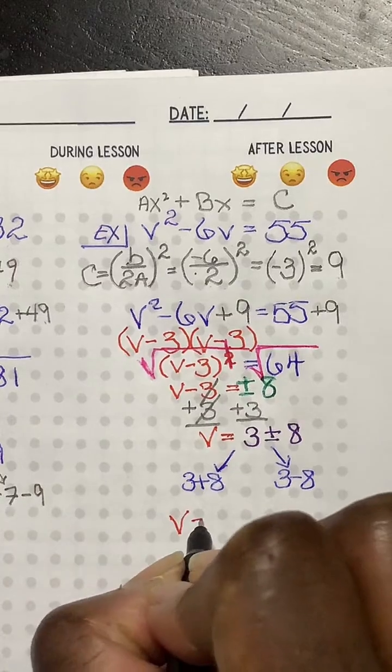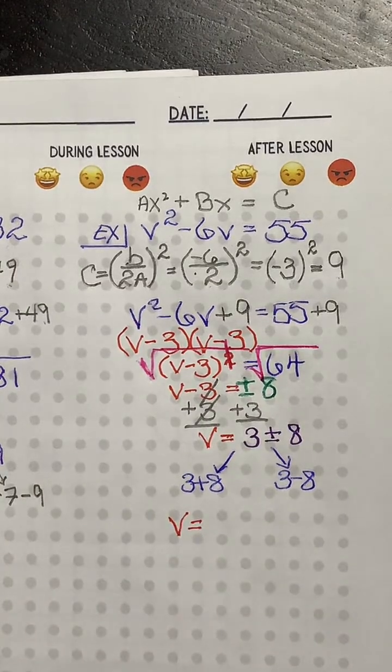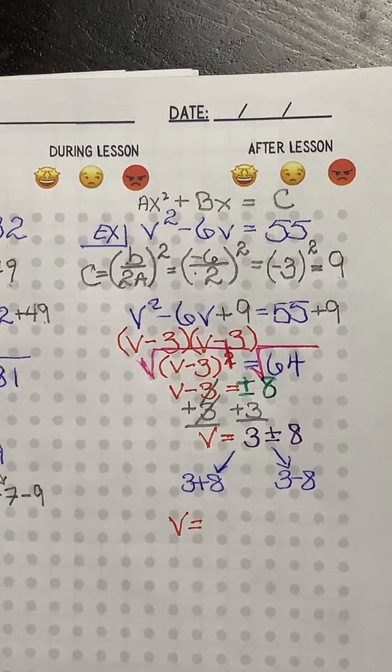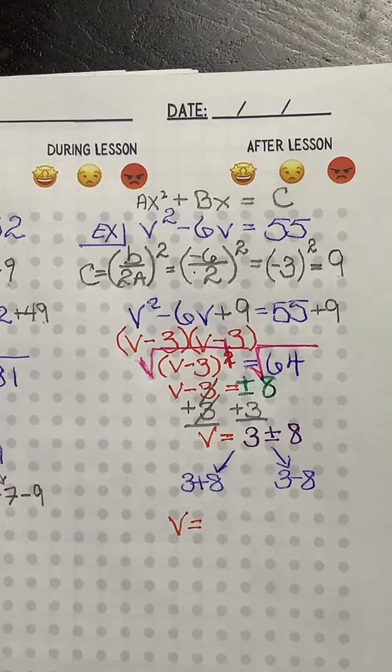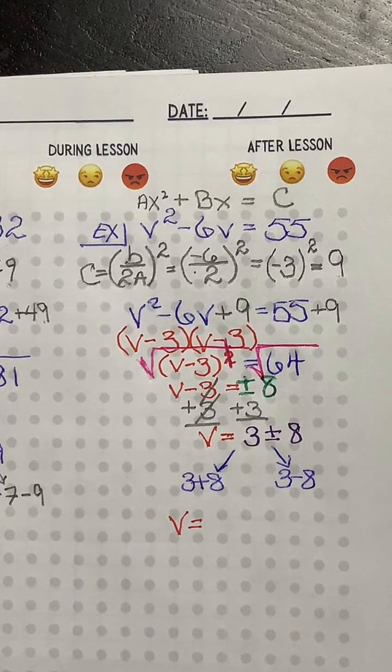So what would V equal? Okay, not a problem. I had a student today that was really struggling with this. Okay, so Barney's saying 5 and negative 11. Do we agree?